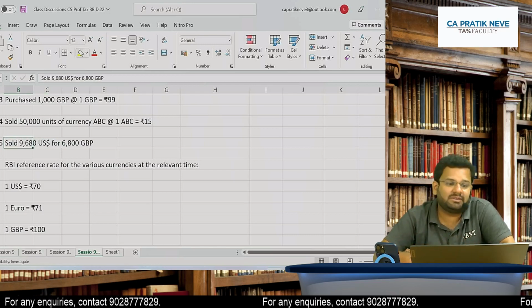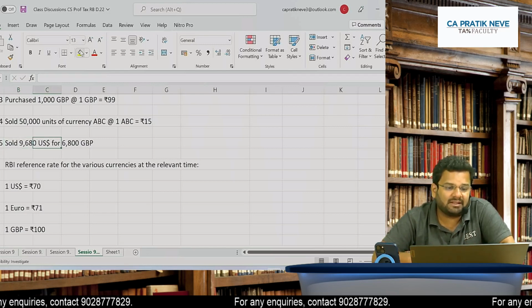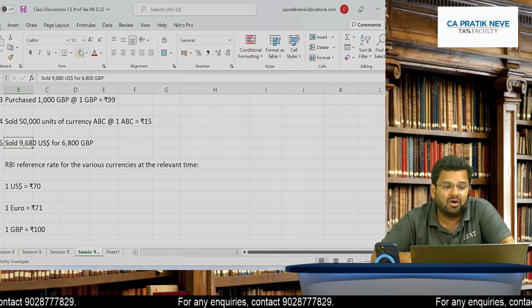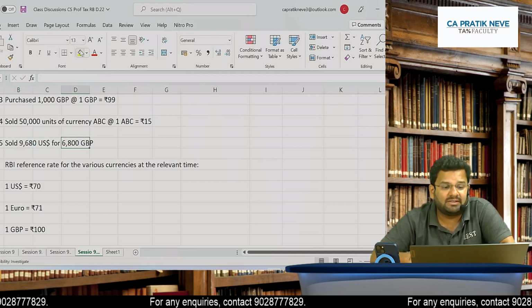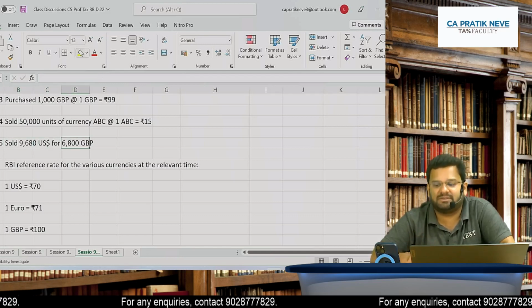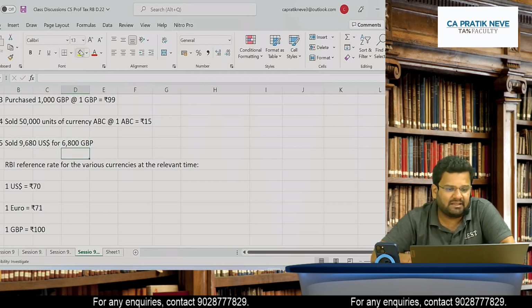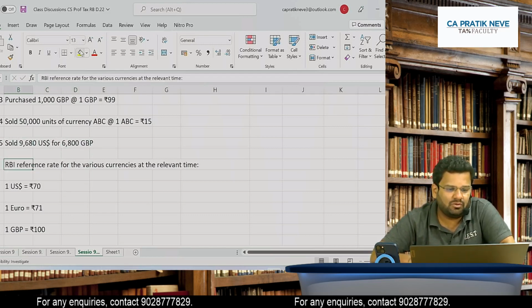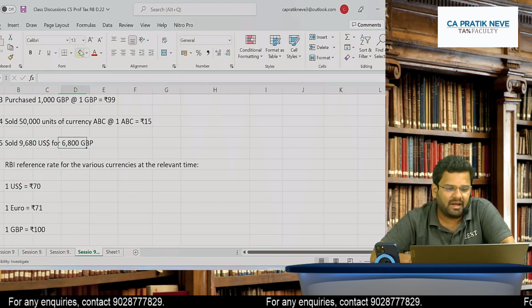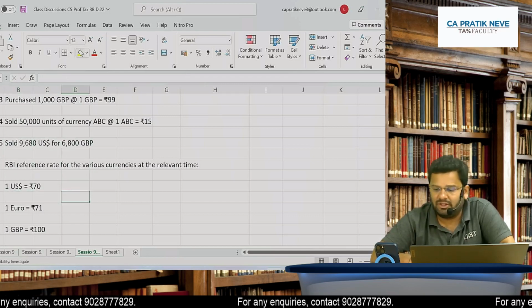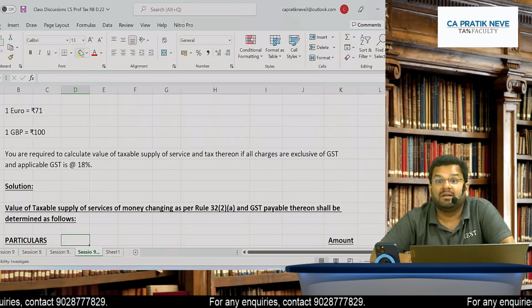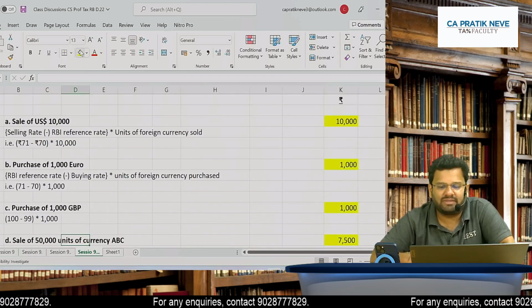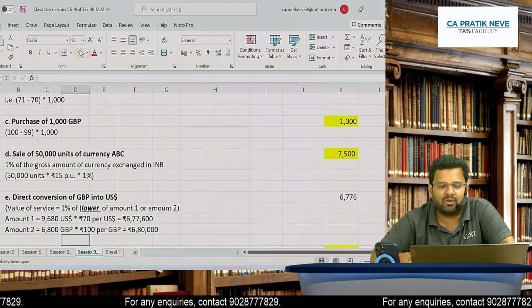So what you do is convert 9680 US dollars in rupees, and also convert 6,800 GBP in rupees by applying this RBI reference rate. So 9680 into 70 and 6800 into 100. Then take whichever is less, and of that less amount you take 1%.